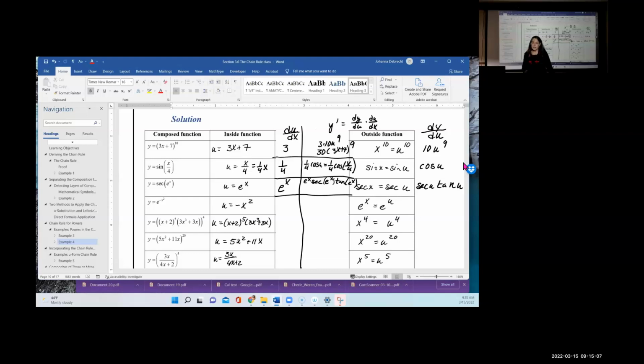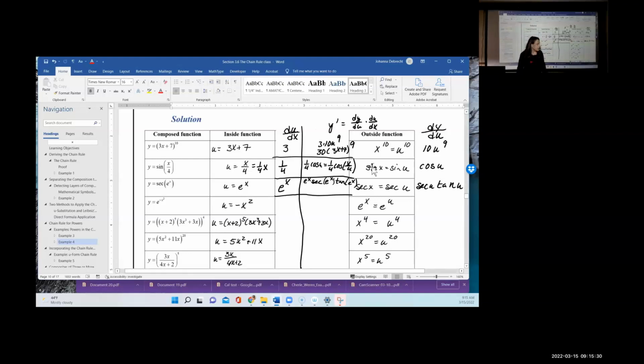So we multiply the two together, and then we back substitute for u and replace it with e to the x. So we get the product of the derivative of the outside function with the inside function substituted back in place of u, times the derivative of the inside function. Right.